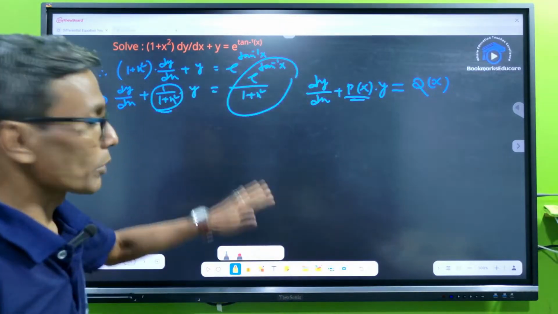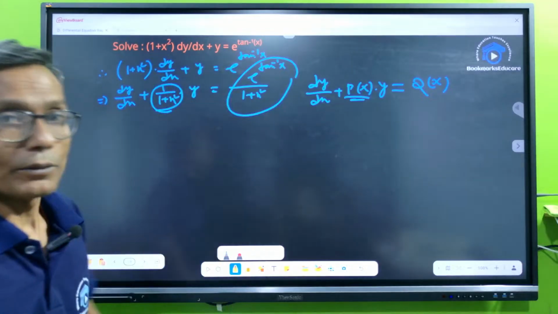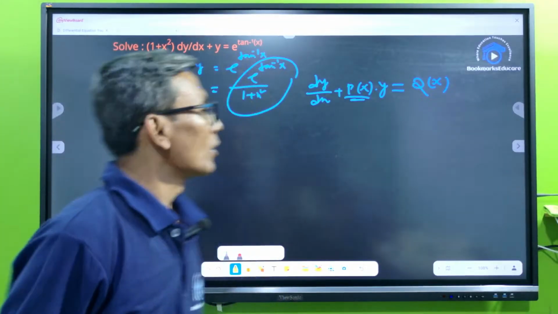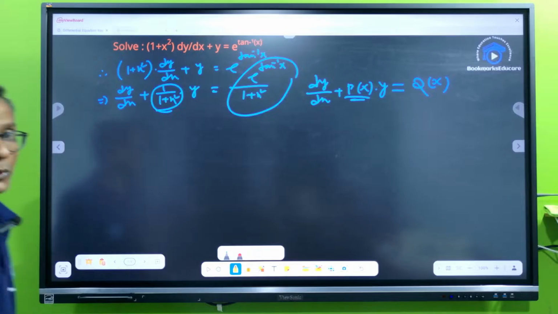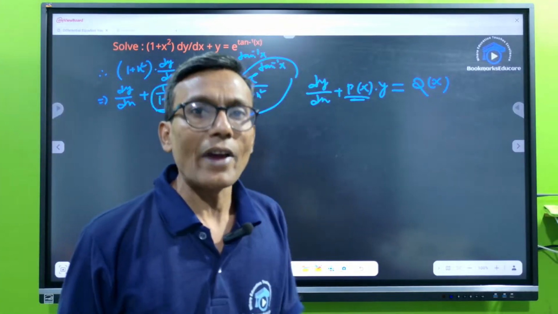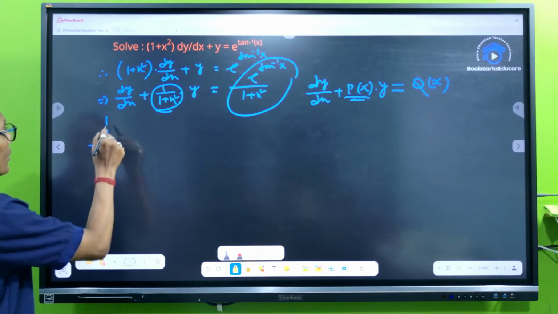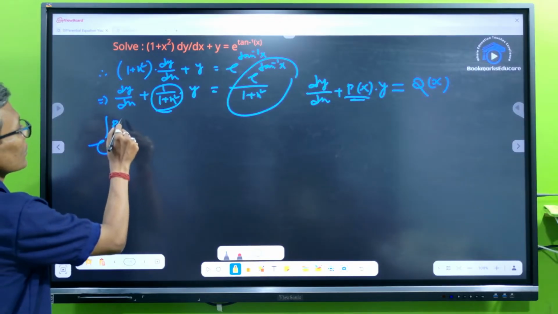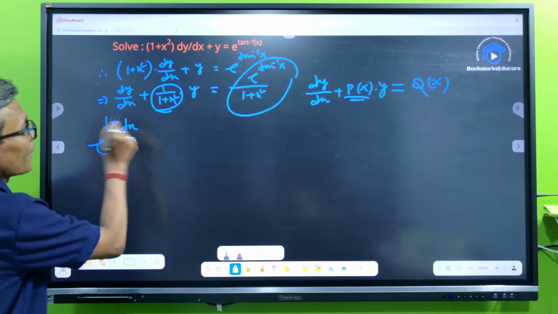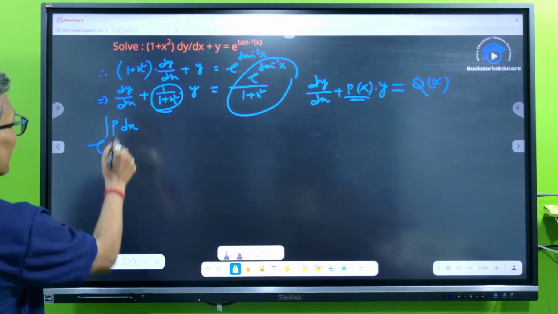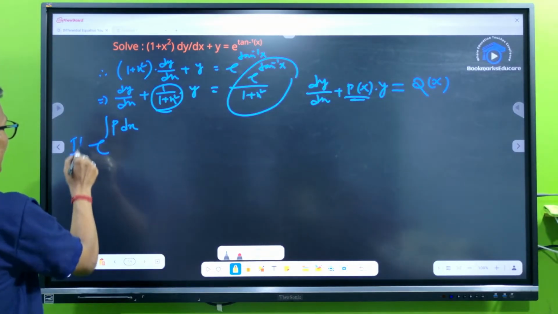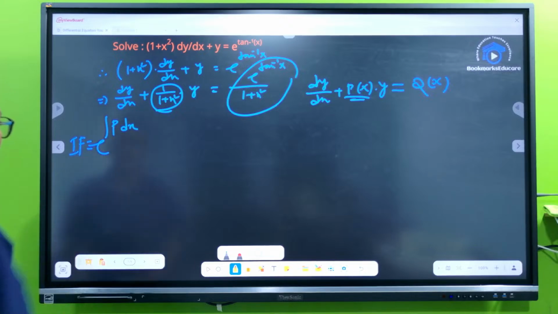So for solving this equation, we have three steps. First, we have to determine the integrating factor. What is the integrating factor? e to the power integral of p dx is called the integrating factor, denoted by IF.